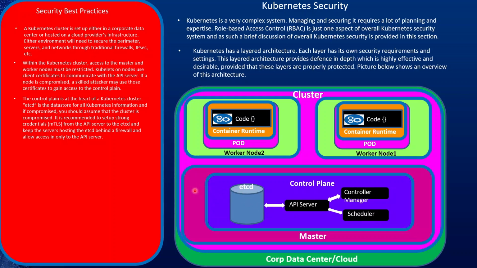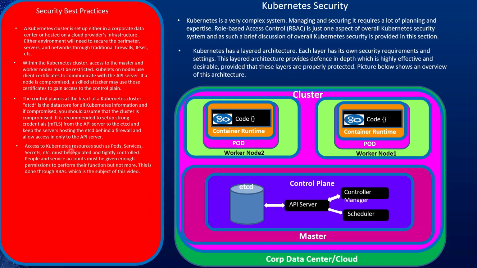If it's installed outside the master, then it must be protected. It is recommended to set a firewall that will allow only communication from the API server, and also to set up mTLS, or mutual authentication, between the API server and etcd.